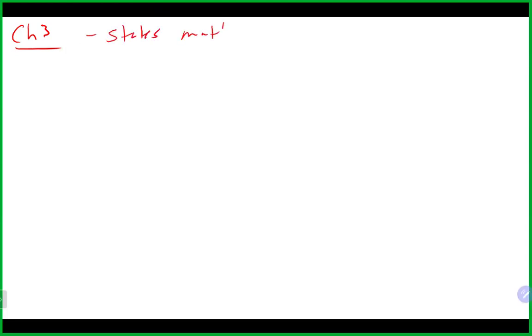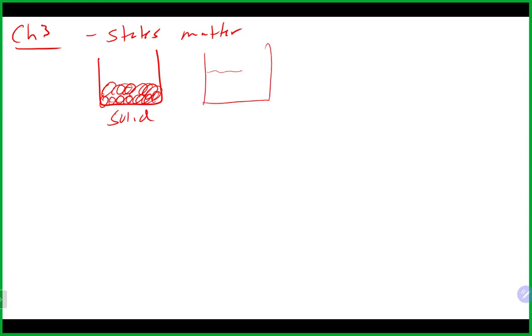So obviously we have solid, where everybody's packed in there relatively tight to one another. We have the liquid, where everybody's moving around a little bit more, a little bit more spaced out. And then we have the gas phase, where everybody is flying around.